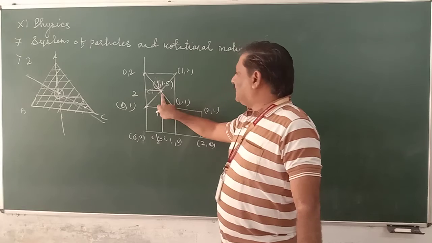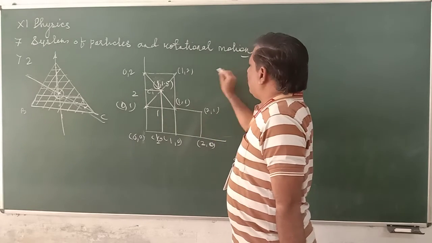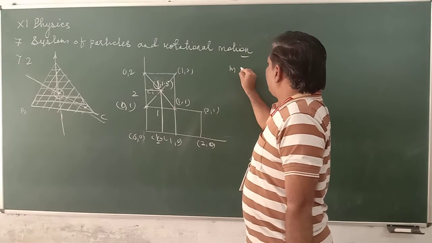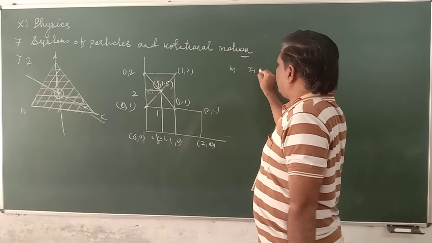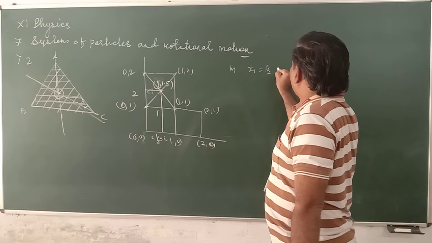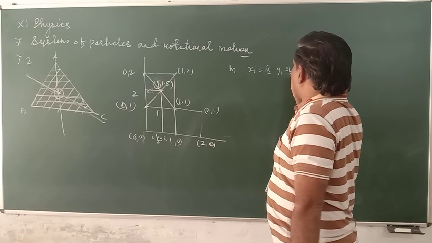So C1 has mass m, with coordinates x1 equal to half, y1 equal to 3/2.